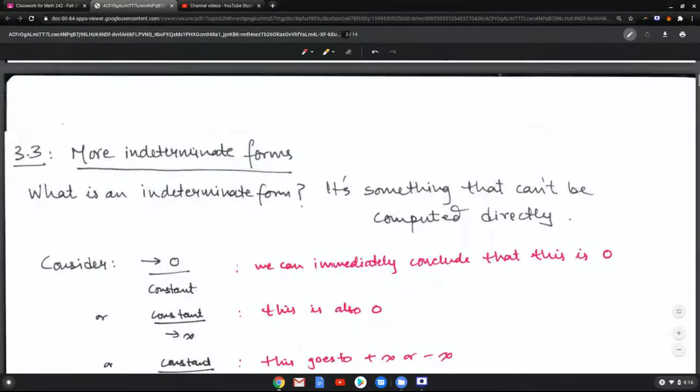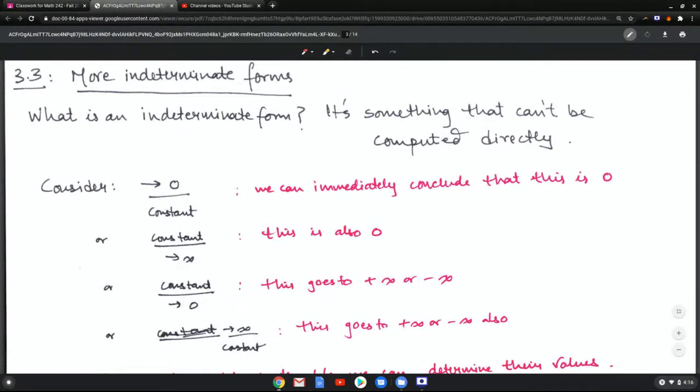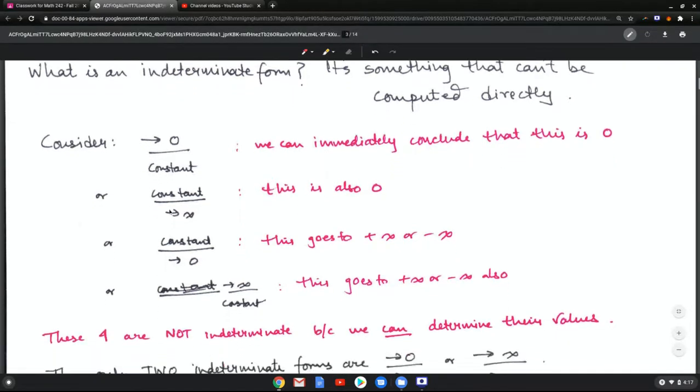Now there are some more indeterminate forms. For example, some non-examples first. If something going to zero is divided by a constant, we can immediately conclude that this is zero. If it's a constant divided by something that's very large, then it's zero. Constant divided by something that's very small, it's either infinity or negative infinity.